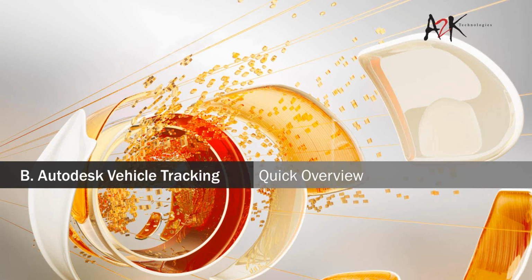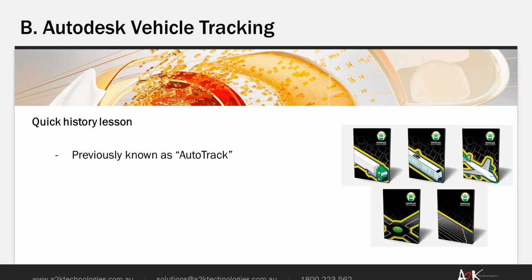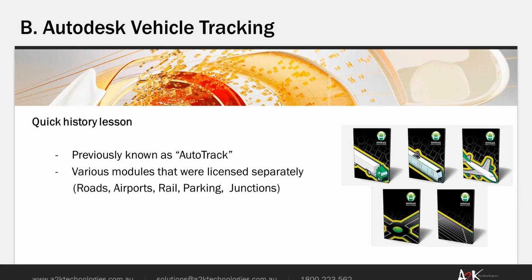Okay, this is the reason why we're here. It's Autodesk Vehicle Tracking. So we'll go through a quick overview of what the product is. Quick history lesson: up till recently, it was previously known as AutoTrack, and it had a whole heap of different modules.